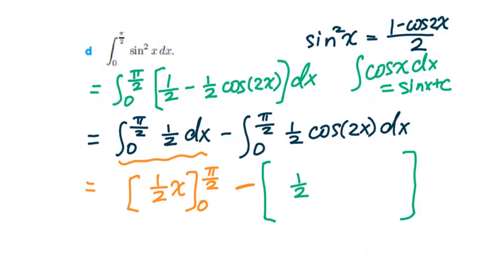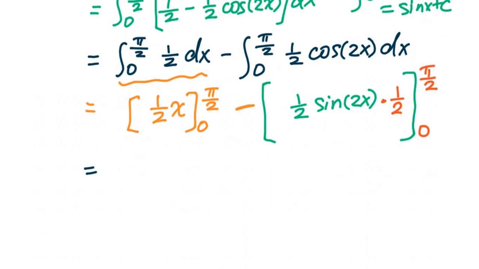Therefore, you will get 1/2 sine 2x. Don't forget 1 over a, that will be 1 over 2. Then from 0 to pi over 2. For the first part, you will get 1/2 times pi over 2 minus 1/2 times 0.